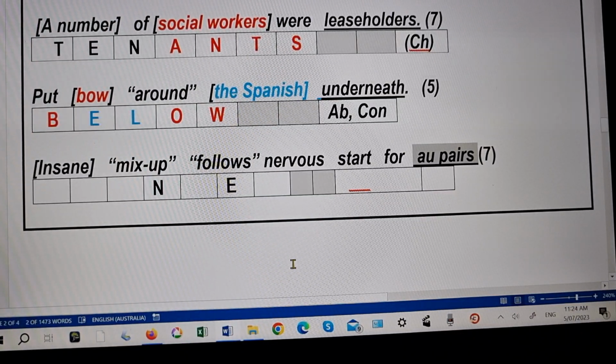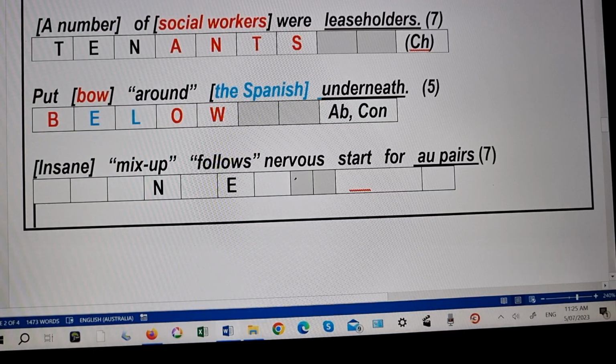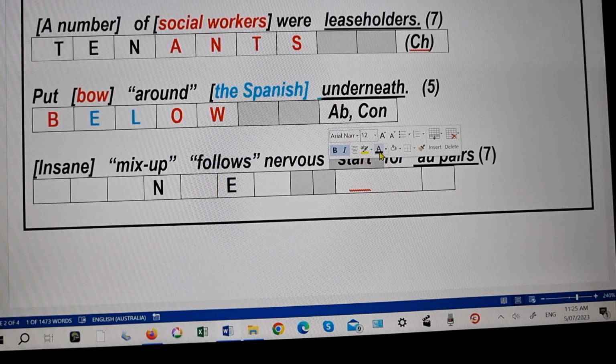Righto. You got it yet? I'm sure you have got it. Oh, there's actually one flag I think I missed here. Nervous start. Now start can easily be a flag for first, or acronym if you like.